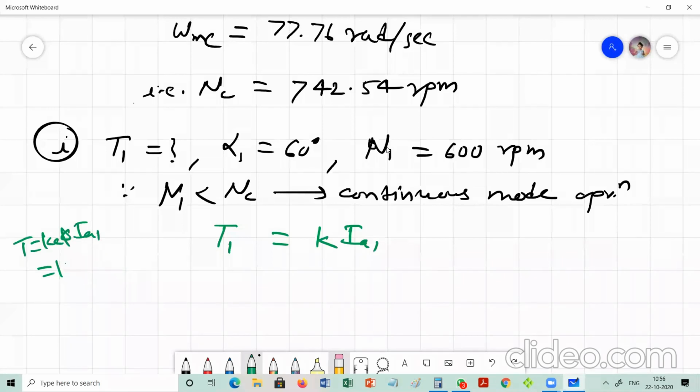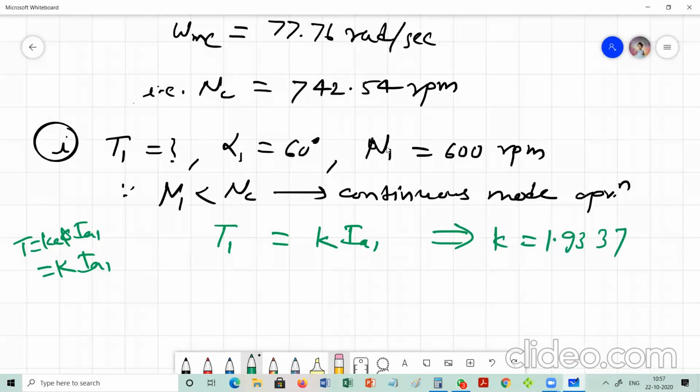So I have to calculate IA1 first, because K we have already calculated, K was equal to 1.9337.